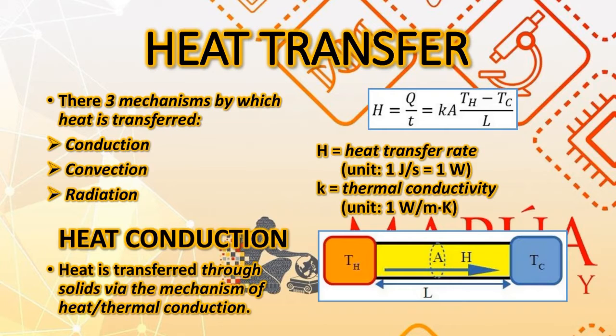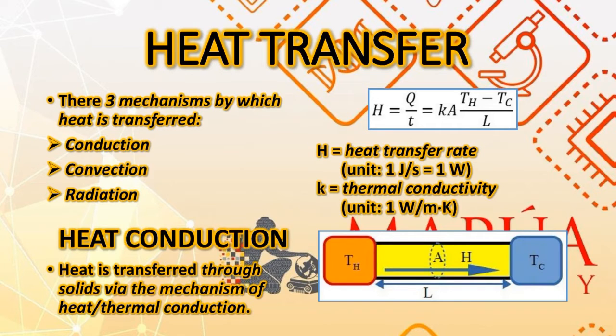Note that heat conduction also happens in fluids, that is to say in liquids and gases, but it's more dominant in solids. So, as far as our course is concerned, when we say heat conduction, we are talking about heat transfer through solids. Say you have a solid material or object, cross-section area A, and length L.